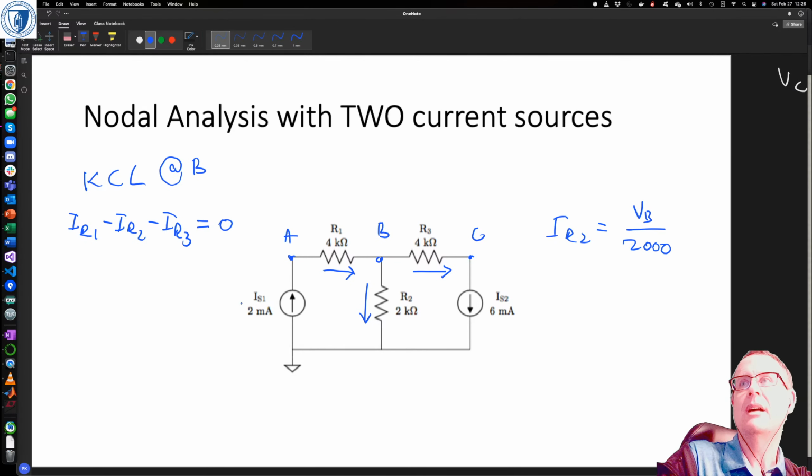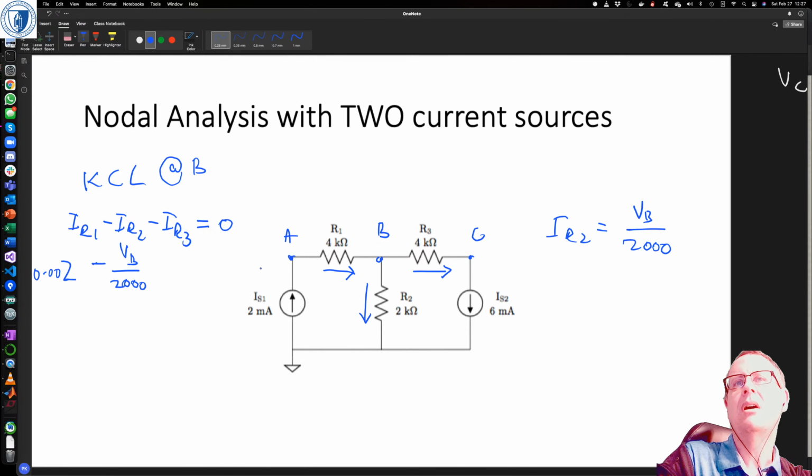So IR1 we know is 2 milliamps. IR2 is VB on 2000, and then IR3 is 6 milliamps, and that equals 0.